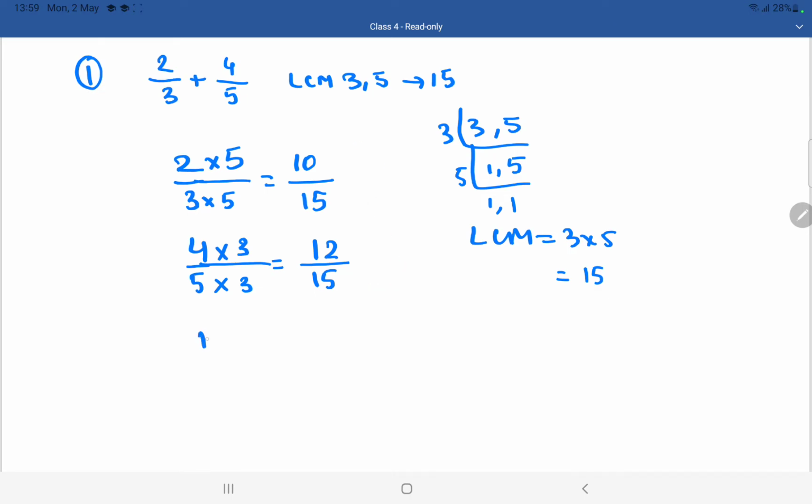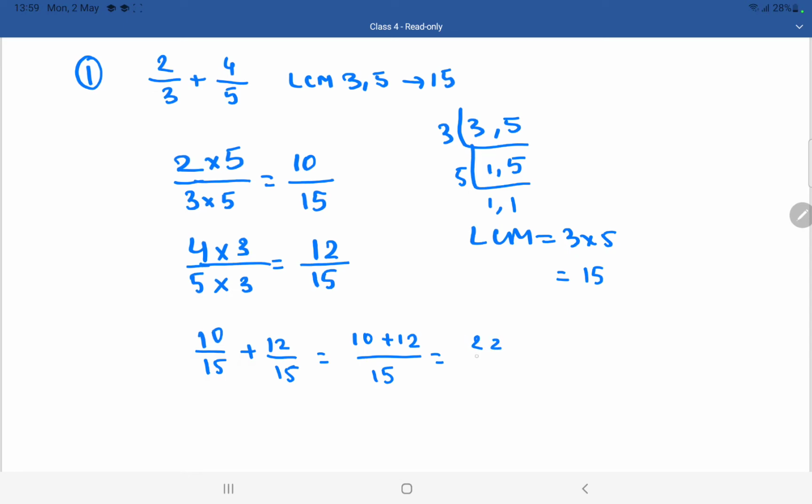Okay. Now I got 10 by 15 plus 12 by 15. I told you, when we have the same denominators for 2 or 3 fractions, we should add the numerators and keep the denominator the same. After doing this process, what is 10 plus 12?